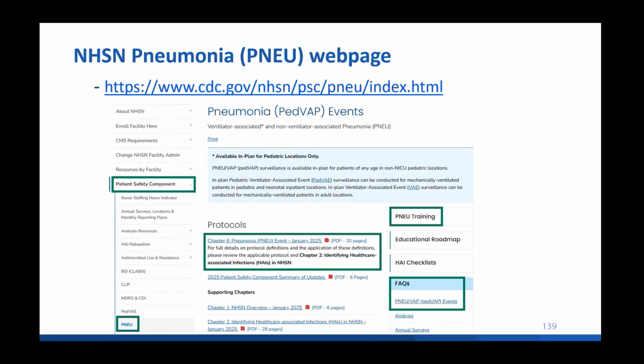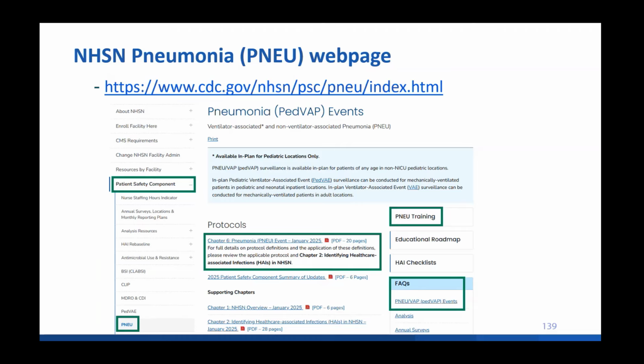The first step to performing NHSN pneumonia surveillance is to locate the pneumonia-specific resources. The Pneumonia Events webpage can be accessed from the left navigation bar located on all of the NHSN web pages under the Patient Safety Component heading. The pneumonia webpage has links to resources necessary for conducting pneumonia surveillance.